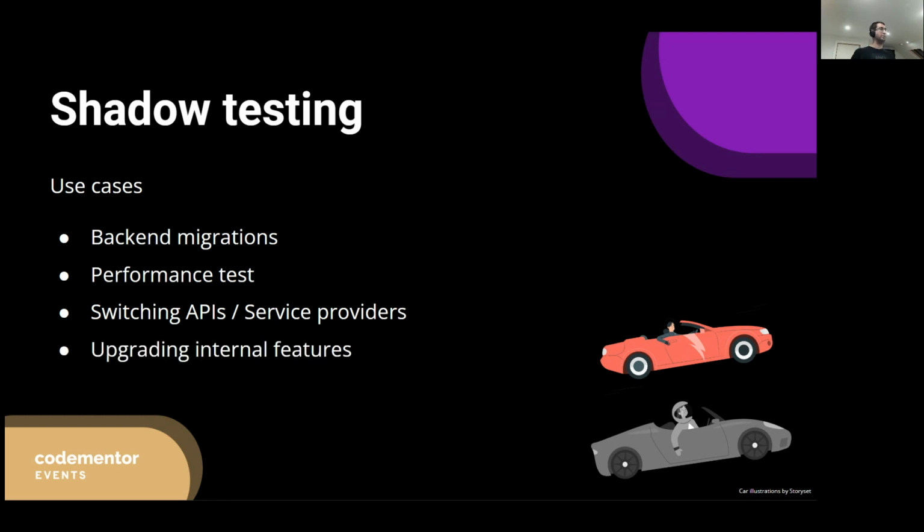Or maybe we want just to upgrade internal features of the system, even small features. Sometimes I notice that I've been using this so much lately that it's almost like my new way of working. Sometimes I get to a particular part of the code base that I have never touched.